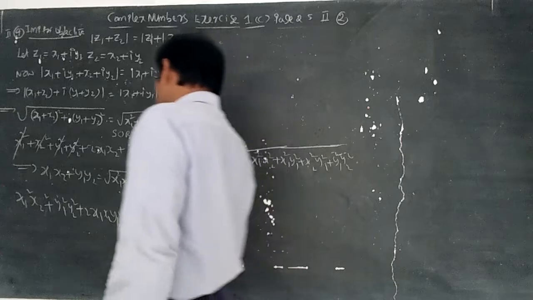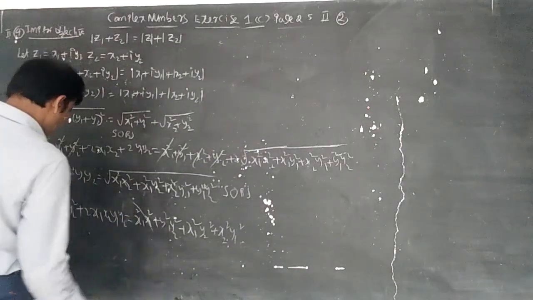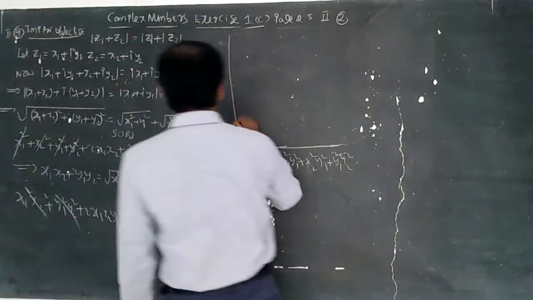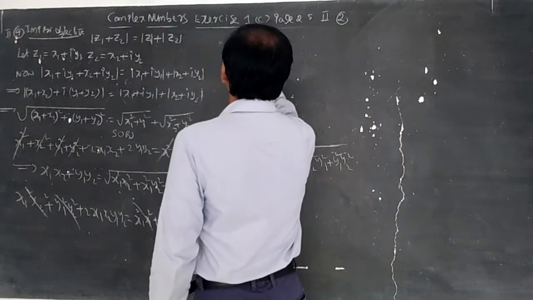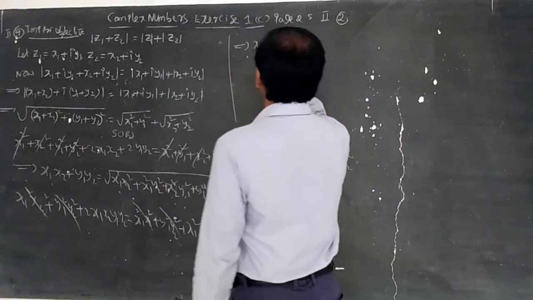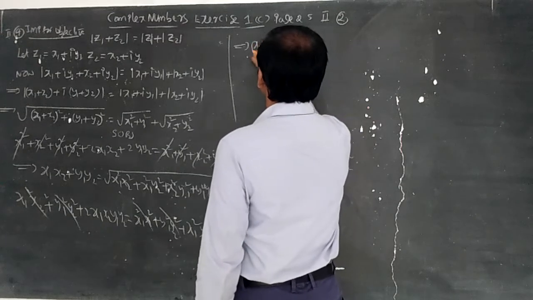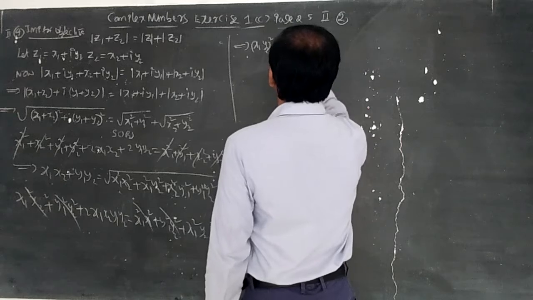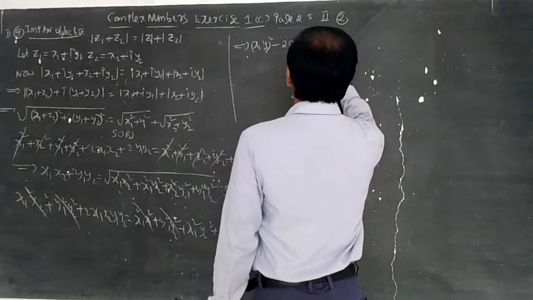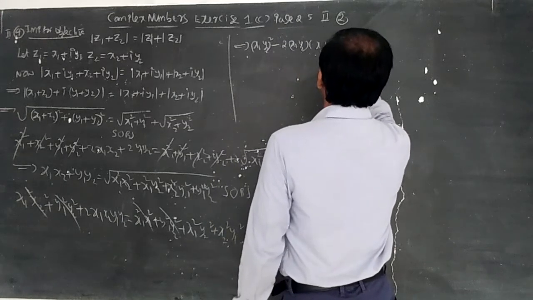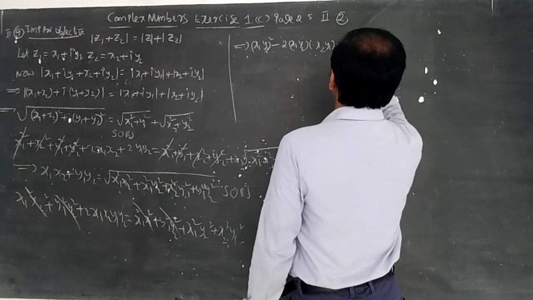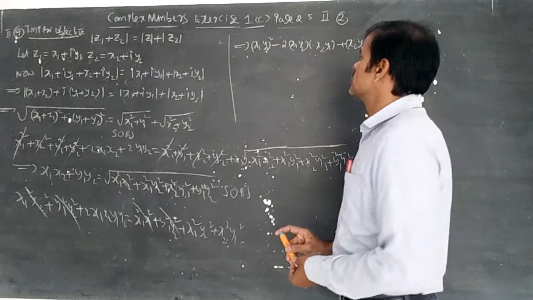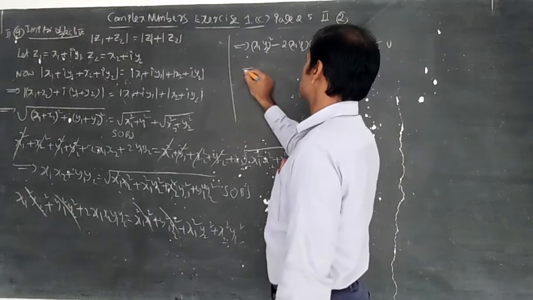That's all. Now x1 square x2 square gets cancelled on both sides, y1 square y2 square gets cancelled on both sides. We have x1 y2 whole square minus 2 x1 y2 into x2 y1 plus x2 y1 whole square equal to 0. This is of the form a square minus 2ab plus b square.